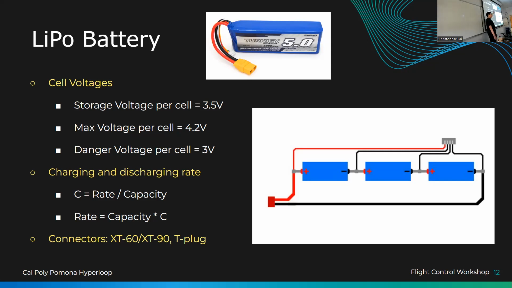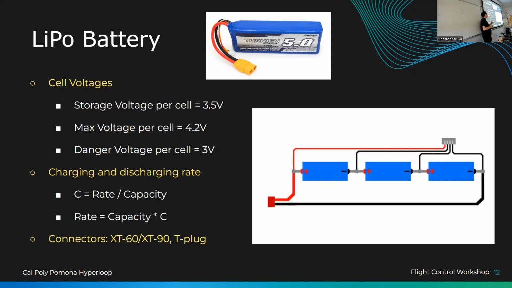So when you buy these batteries off Amazon or Hobby King or whatever, you want to make sure that the voltage is at 10.5, because if they ship it at the max voltage per cell, you get a chance for it to explode. And these things explode, by the way. They catch on fire, they're very volatile, because these batteries have a high discharge rate, right? You can draw a lot of current from them very quickly.